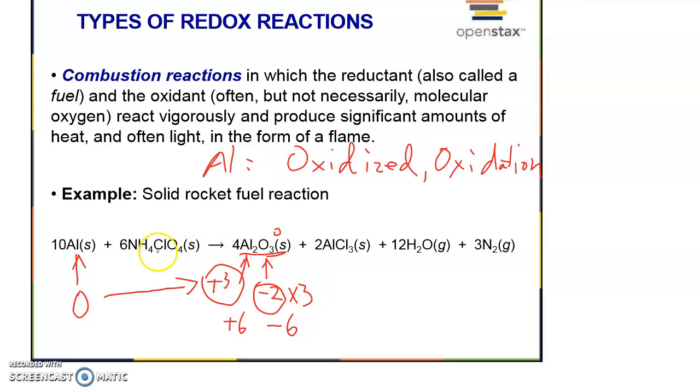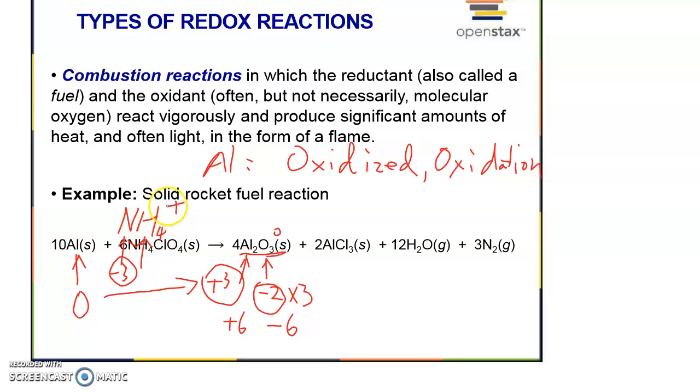Let's check for nitrogen. As we know, nitrogen over here, NH4, gives us a net charge of positive. This is the ammonium cation. Since we know that hydrogen will carry a +1 charge, in this case, nitrogen will be -3. Over here, how do we get that?